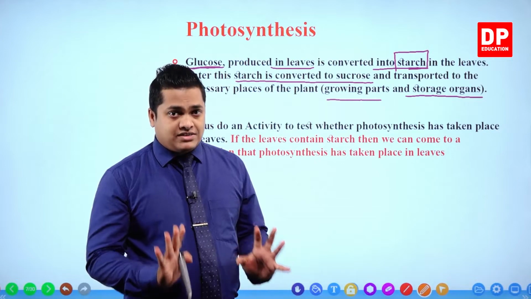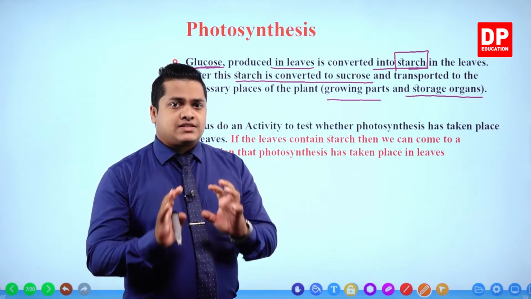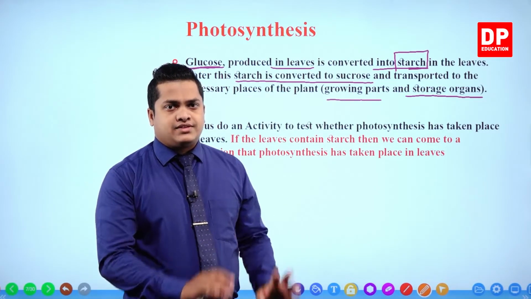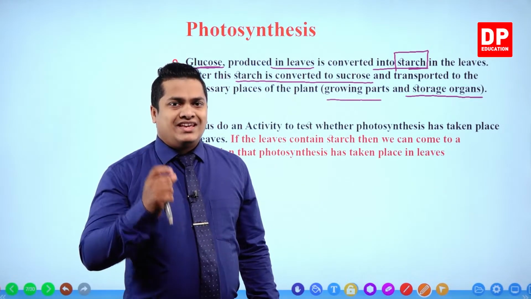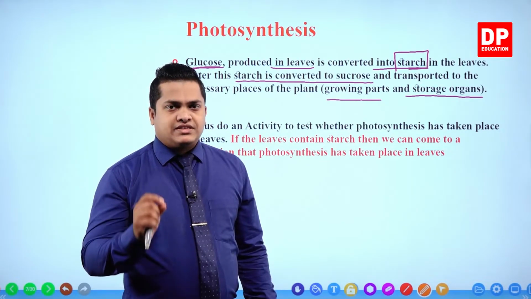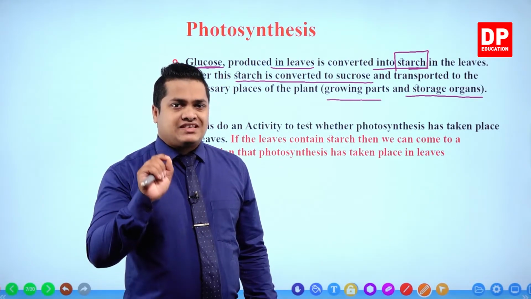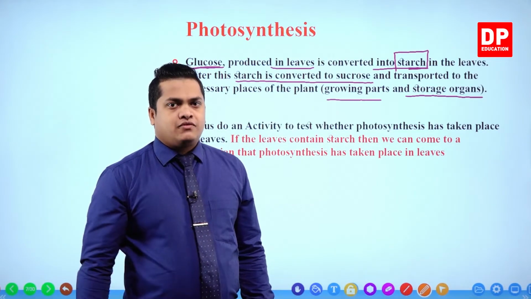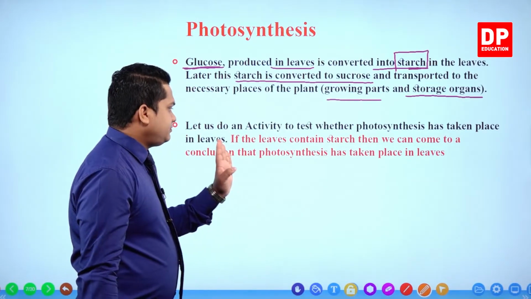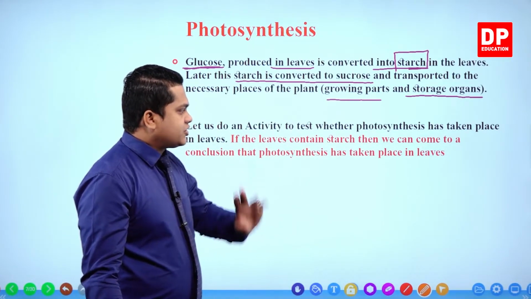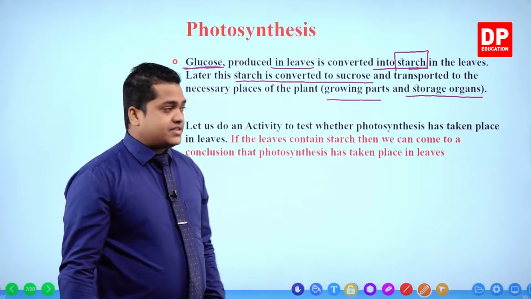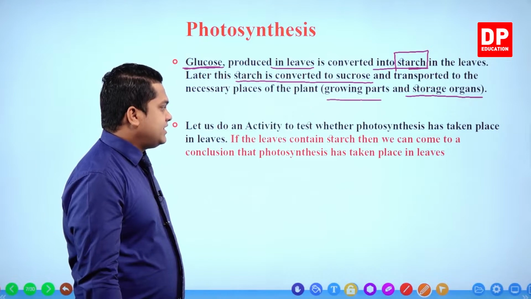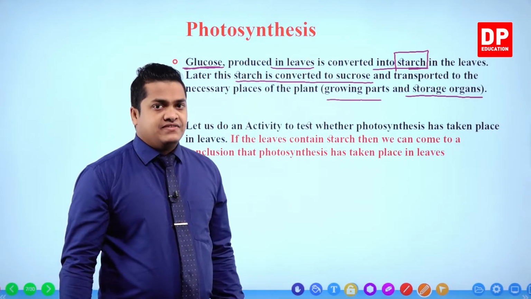So here once again remember we are showing that starch is present within the plant leaf in order to show that photosynthesis has occurred, because each and every glucose molecule which is produced within the plant leaf is temporarily stored not as glucose but in starch form. So if the leaves contain starch, then we can come to a conclusion that photosynthesis has taken place in the leaves.